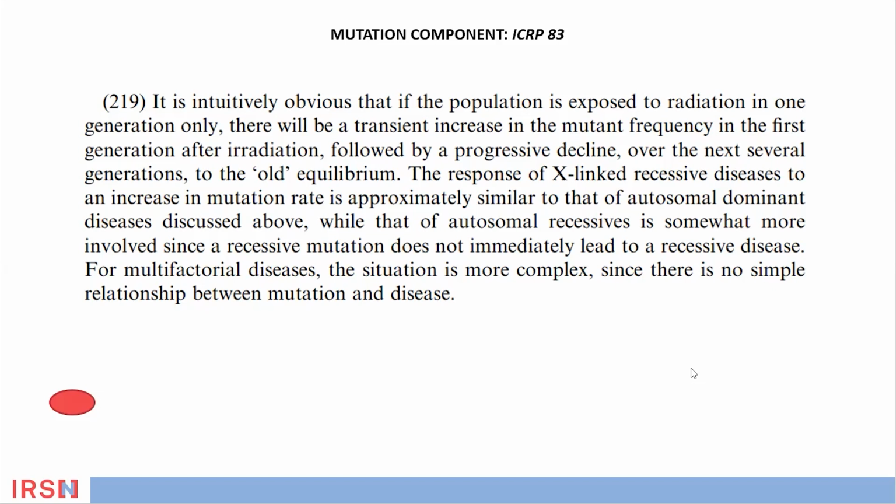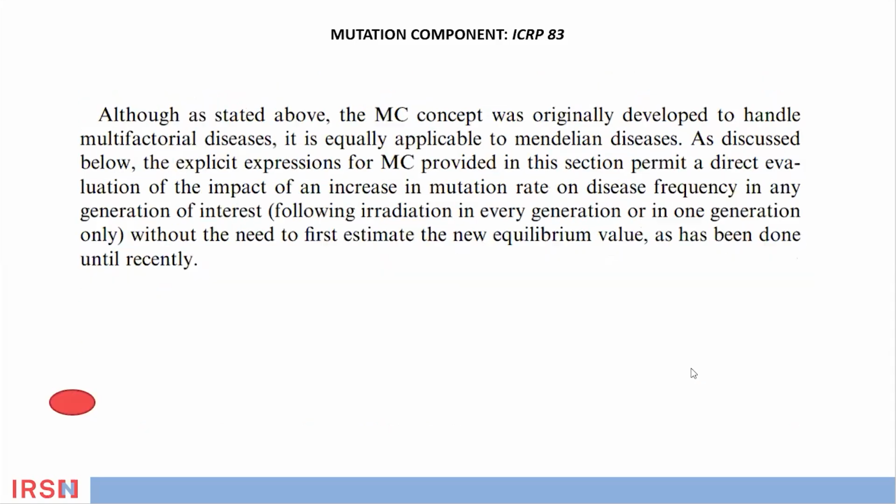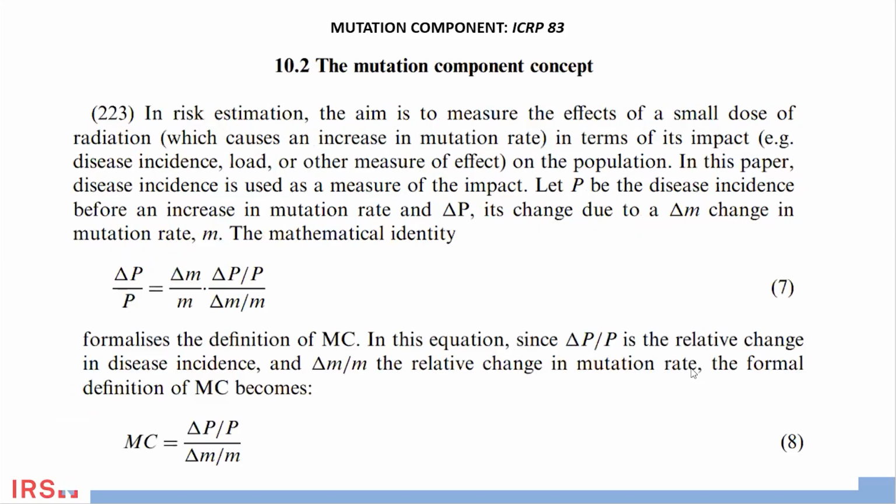For multifactorial disease, the situation is more complex, since there is no simple relationship between mutation and disease. So this is a calculation. That's the reason why the mutation component was originally developed to handle multifactorial disease, but it's equally applicable for Mendelian disease.